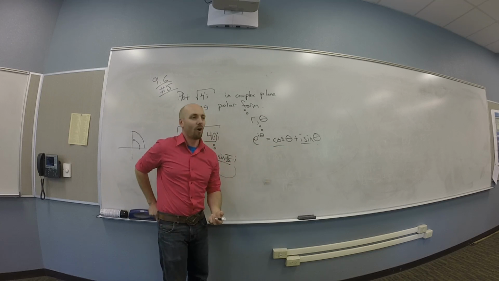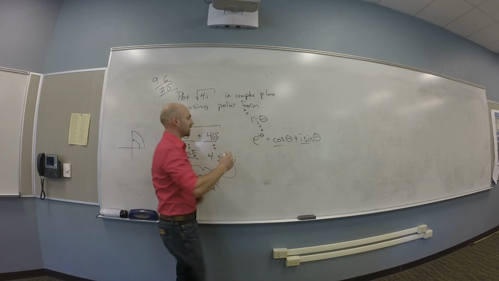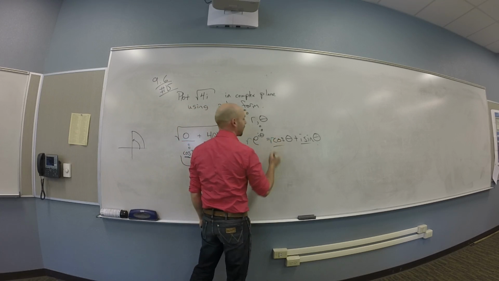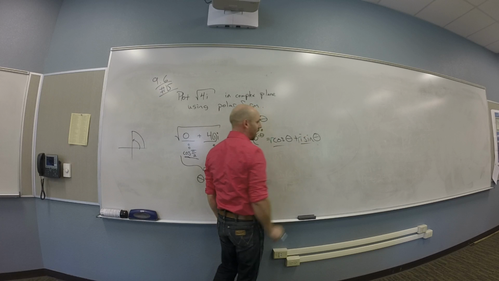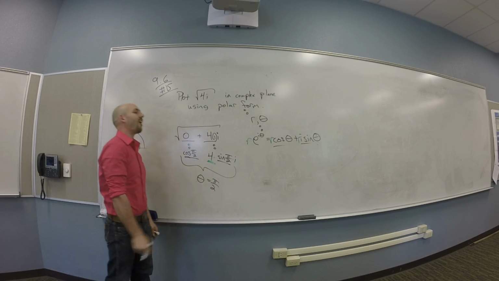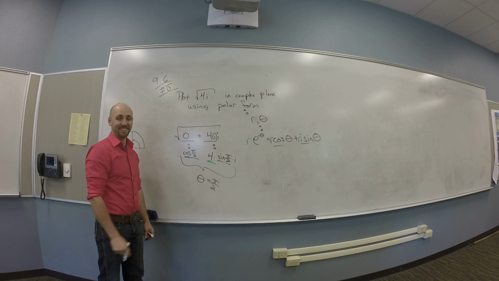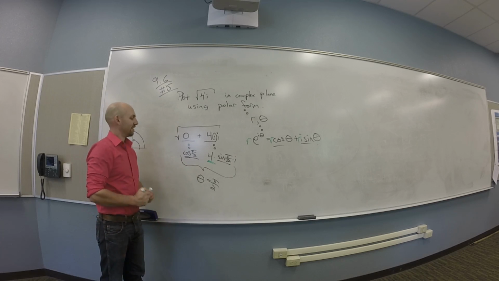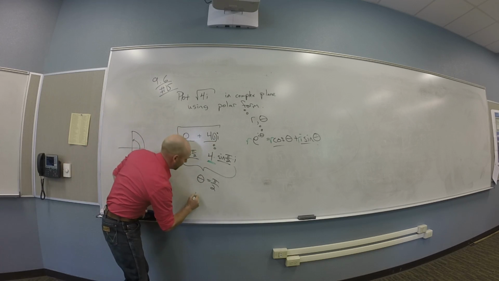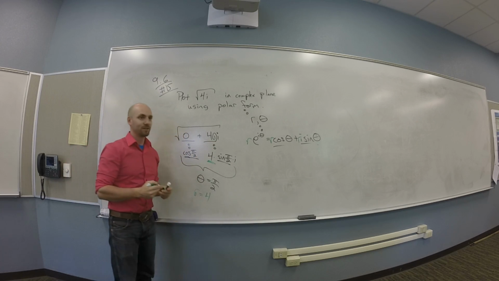If I wanted to add the r part in there, r times e to the i theta is r cosine theta plus r i sine theta. And then I'd say, oh, hey, r is 4. So I think I found that r is 4 and theta is pi over 2.